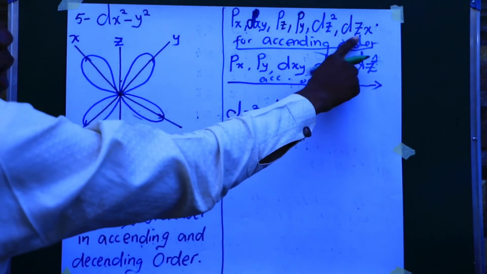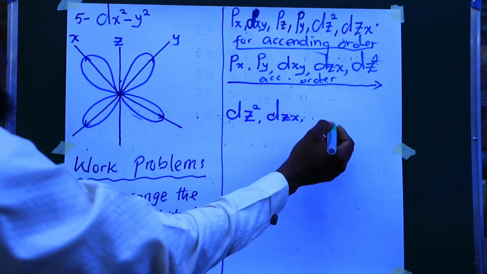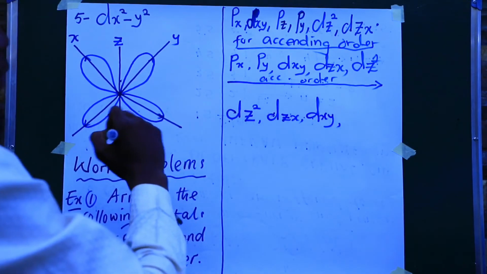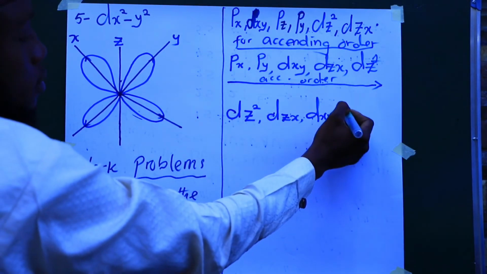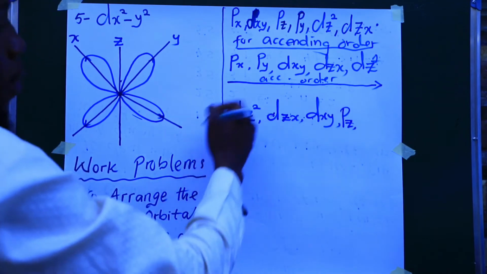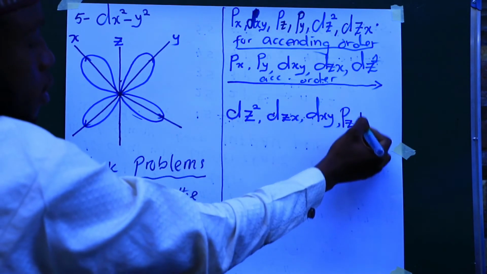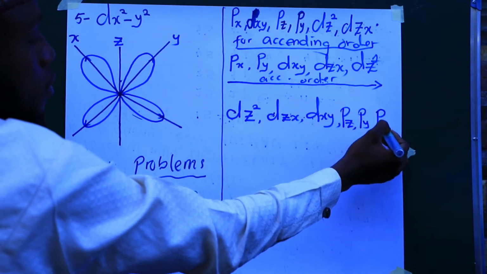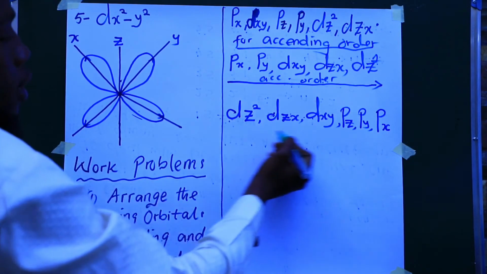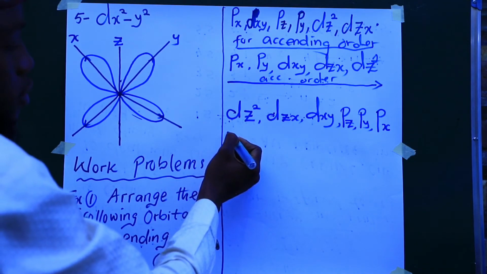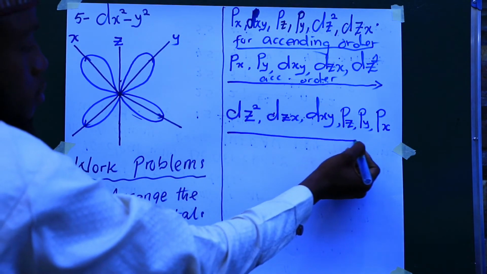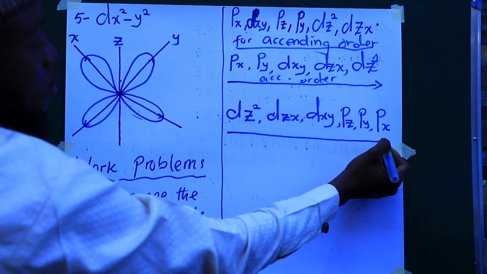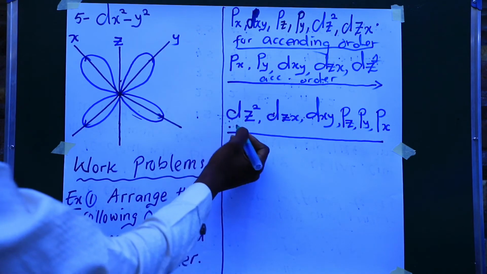Then after dzx, we have dxy. Then after dxy, we have pz. After pz, we have py. And the last is px. So this is the arrangement of these orbitals in descending order, that means from the higher orbitals to the lowest orbital.